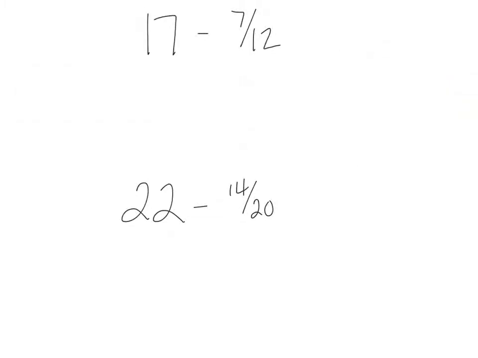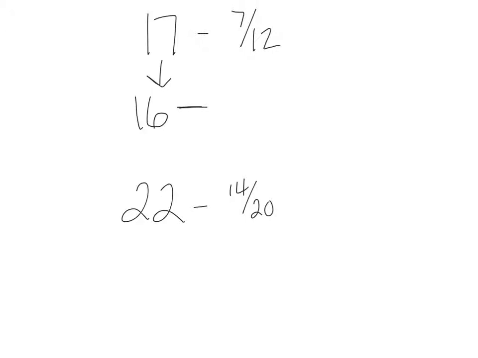In these next two examples, I have a whole number minus a fraction. So I'm going to continue using the method I was using and rename 17. So if I take 1 away from 17, it becomes 16. But I also need a fraction that is the same as 1 whole.